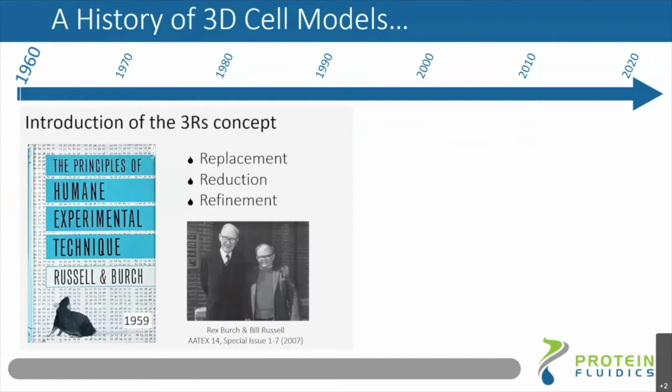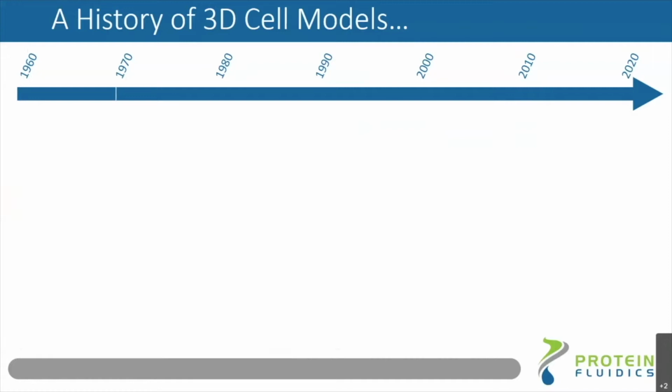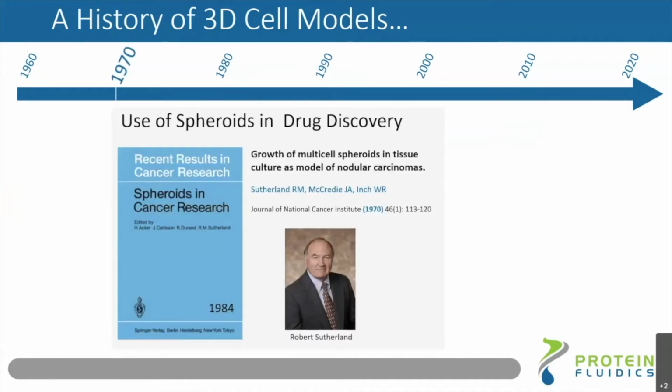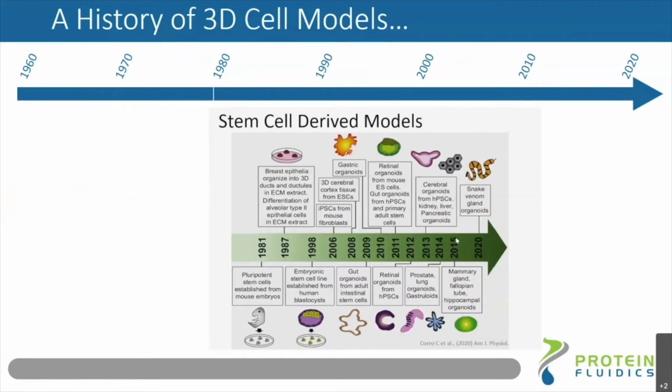2D cell-based models were the first ones. Then in the 60s and 1970, Robert Sutherland published using spheroids, the first three-dimensional cultures grown from cells in a dish, trying to recapitulate cancer and do cancer drug discovery in an improved fashion using 3D models. I would say the most important discovery, though, for current technology and current models, was stem cells.